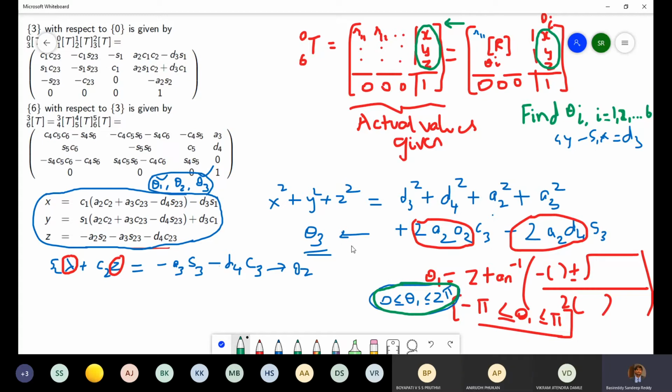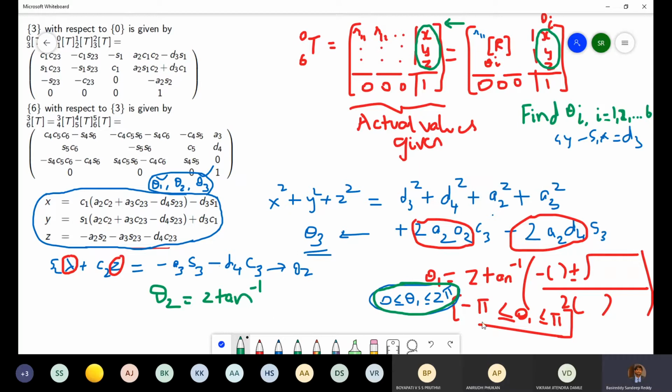The same way you will get two values of theta 3. In all three cases, you will get some expression like this, using the tangent half angle formula. The range of values of theta 2 also they have given as the same 0 to 2 pi. Theta 2 you will get as 2 tan inverse something, and the same for theta 3.